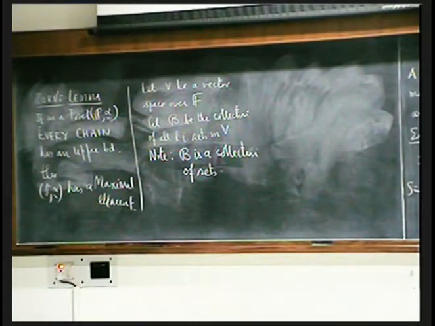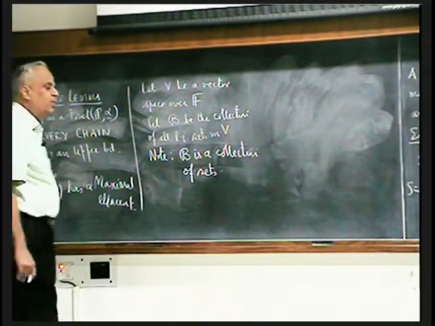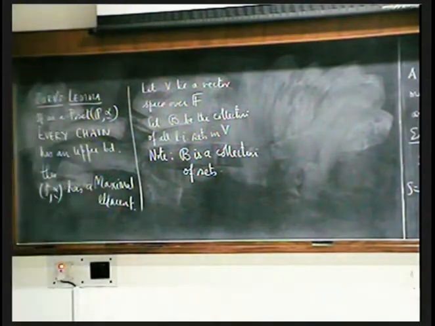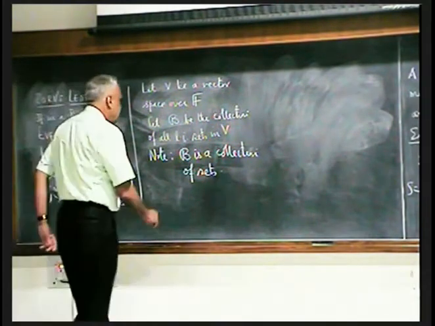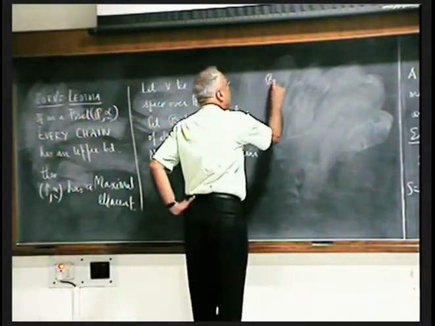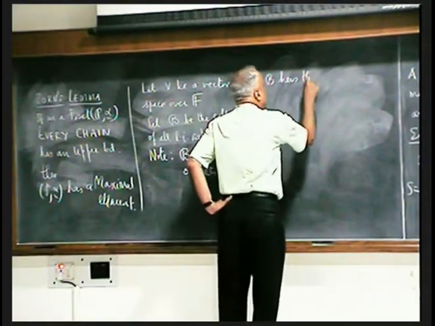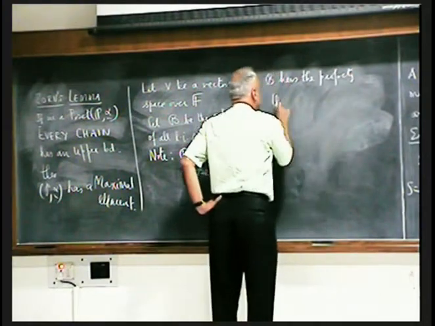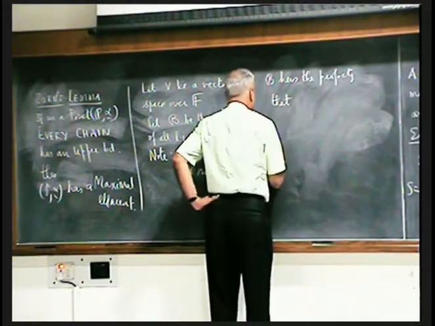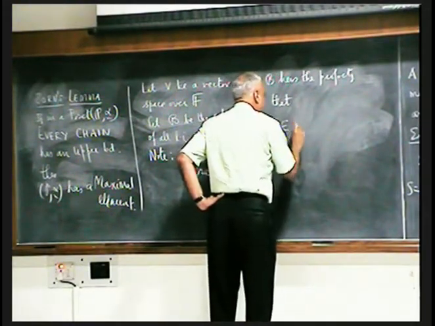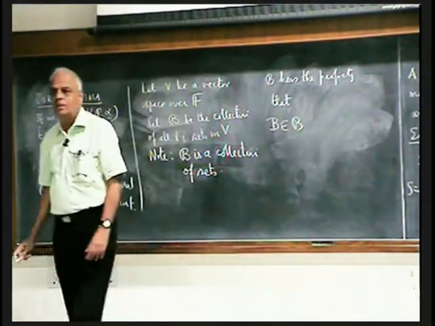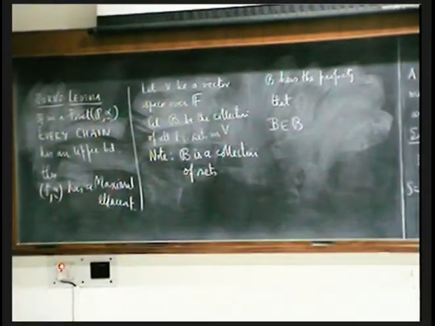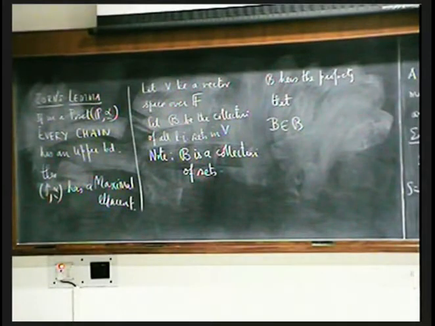Some books write it as a family of sets, others as a collection of sets. It has the property that the set B belongs to this collection of sets. The small b itself is a set. Capital B, script B, is a collection of sets.